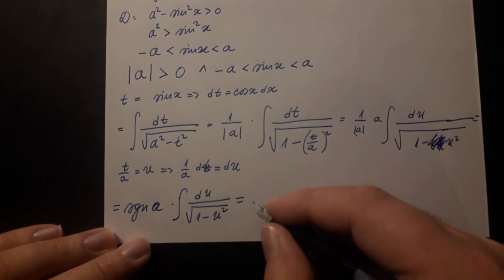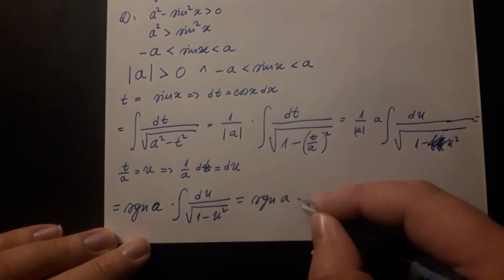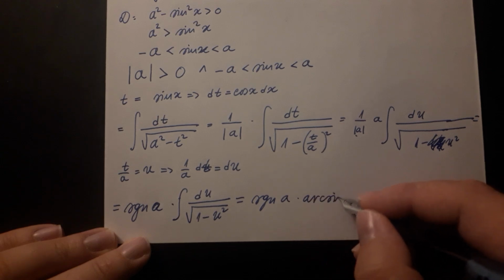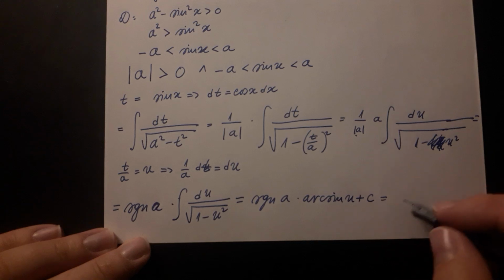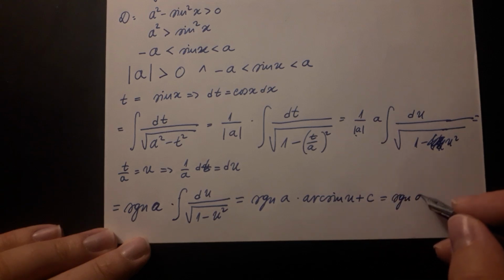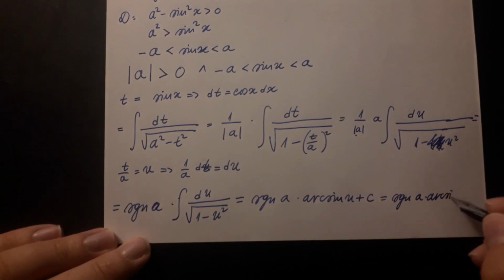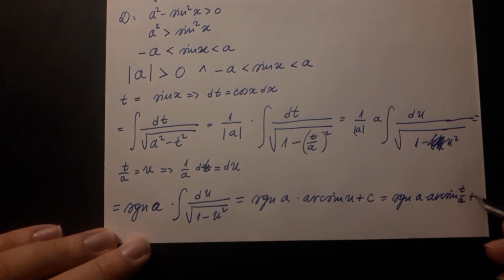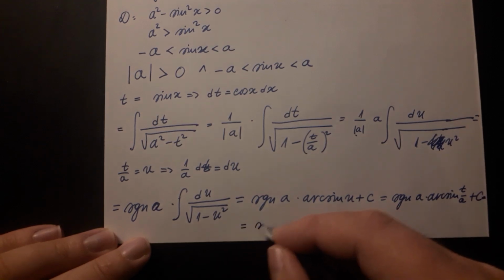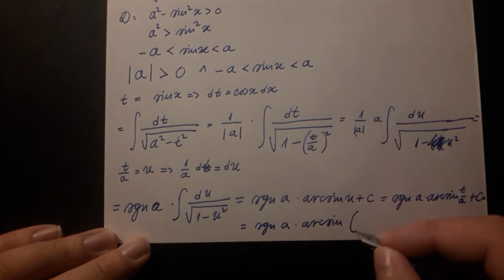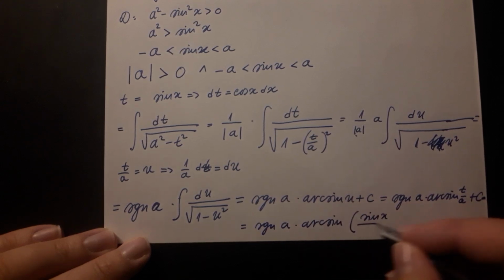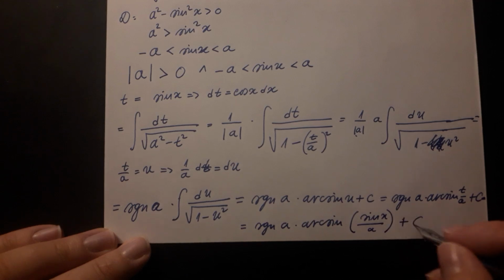This is then equal to signum of a times arcsin of u plus an arbitrary constant c, which is equal to signum of a times arcsin of u was t over a plus c. This is then equal to signum of a times arcsin of x divided by a plus c.